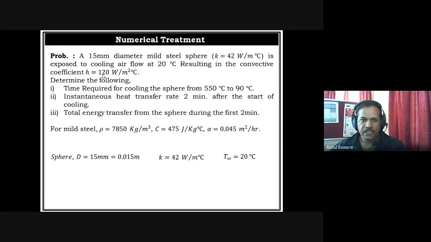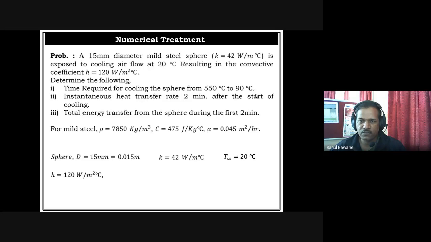resulting in a convective coefficient, that is H value, given as 120, and we have to find the time required for cooling the sphere from 550 degree centigrade to 90 degree centigrade.